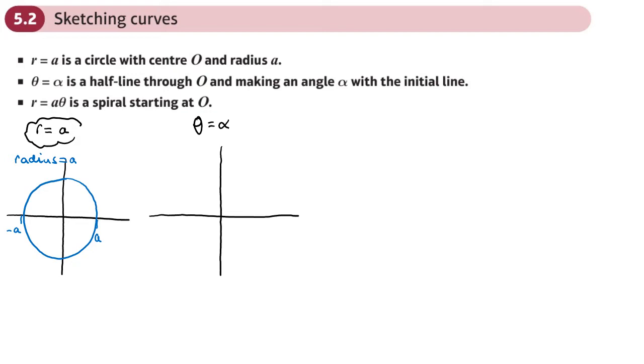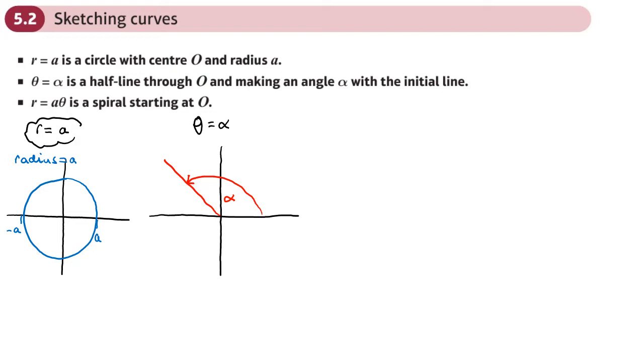Here's an example. My half line will be going like that, and this angle here would be the angle alpha. So it starts at the origin and makes its way out from the origin.